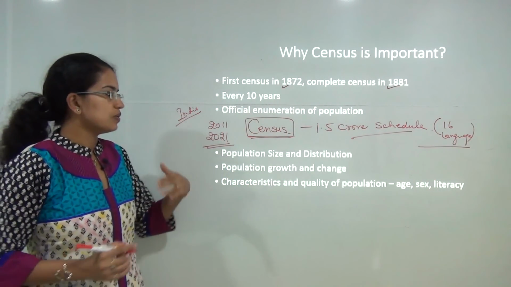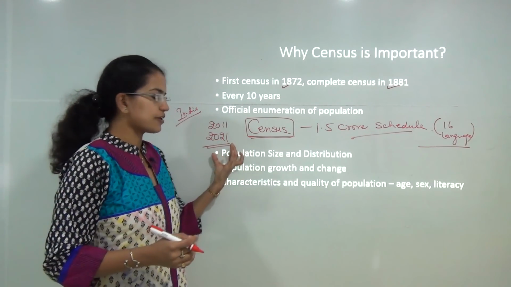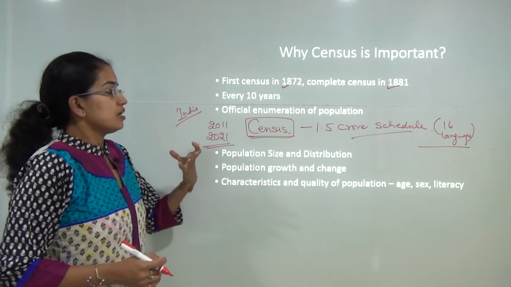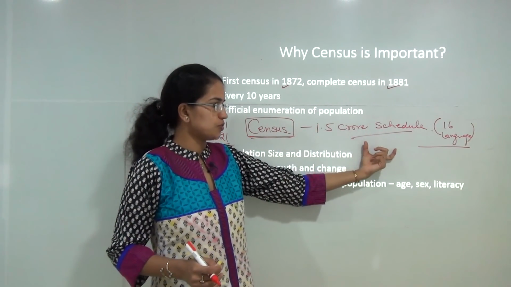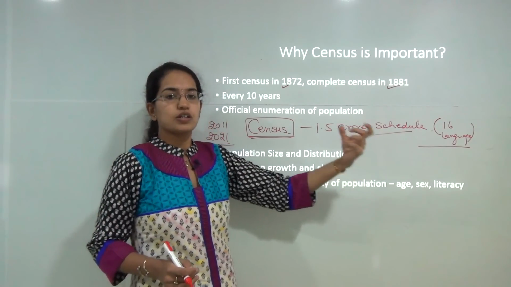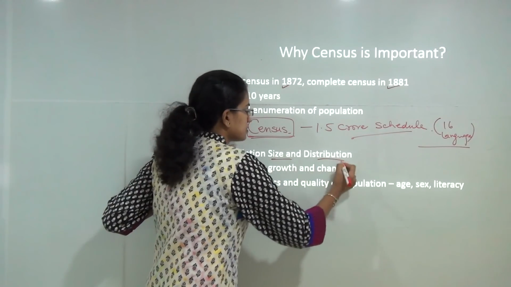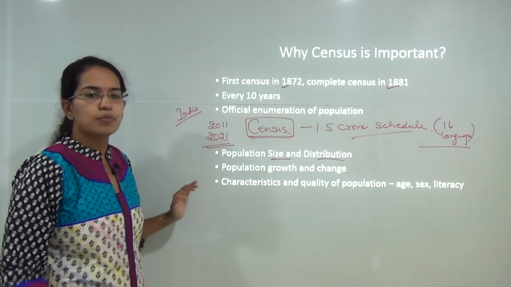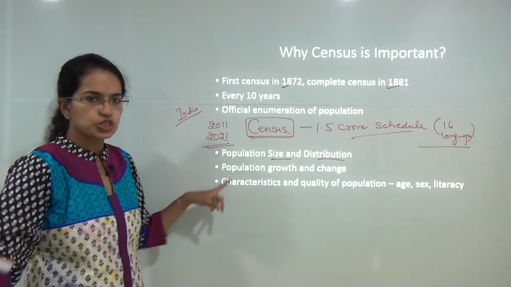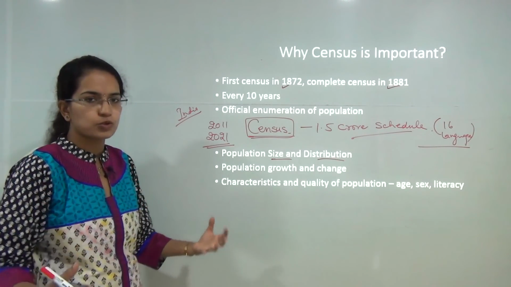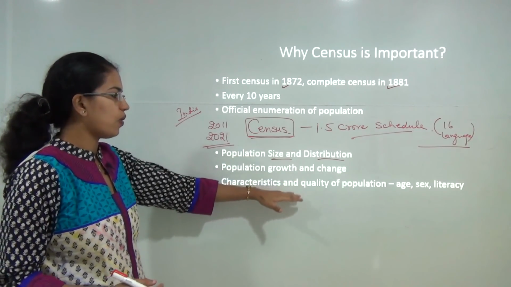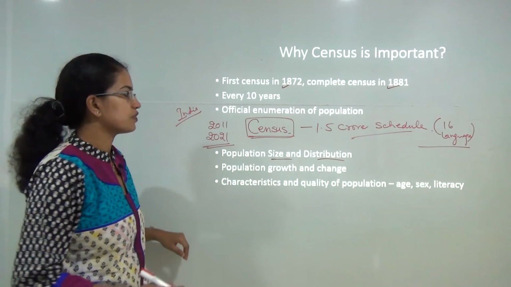We are yet to come across what would be the scenario in 2021. So you have a huge lot of schedules that are to be covered to enumerate the population. The basic things which we try to understand are the population size, the distribution of the population, the density, the growth, the changes. We'll look into all these one by one as we move forward.